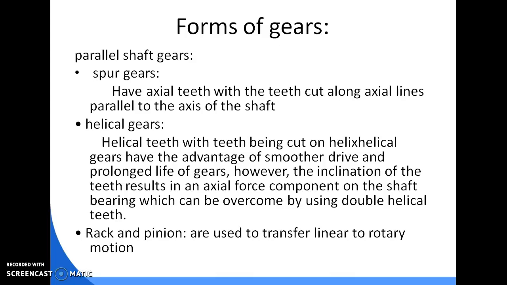Then helical gear. Helical gear has inclined teeth. This ensures smooth action and more accurate maintenance of velocity ratio. Then rack and pinion are used to transfer linear to rotary motion.